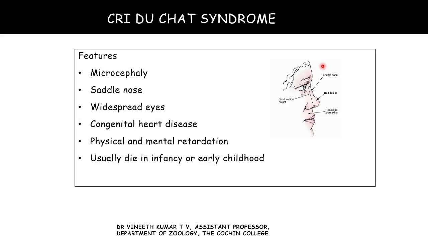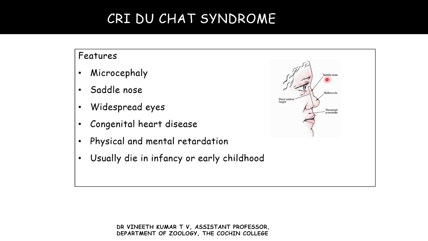Coming to the features of Cri du Chat syndrome, there will be microcephaly, meaning the size of the head will be small. Then saddle nose, which you can see here. Saddle nose is also seen in normal individuals, but a saddle means this particular portion is more or less flattened.